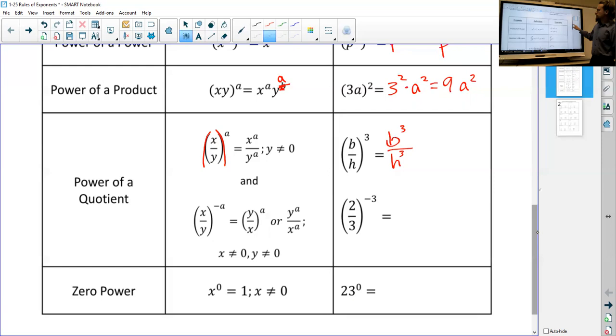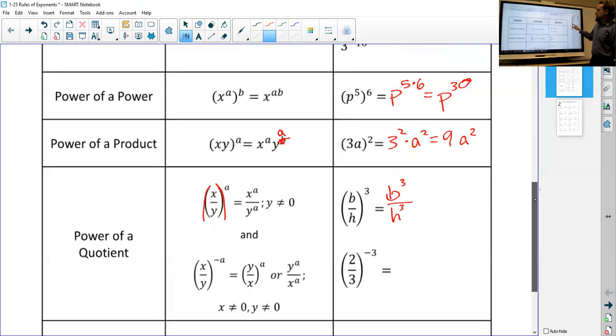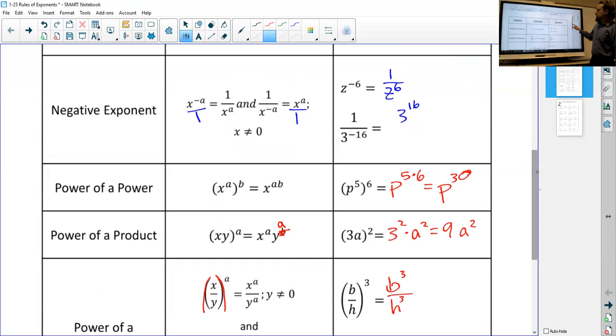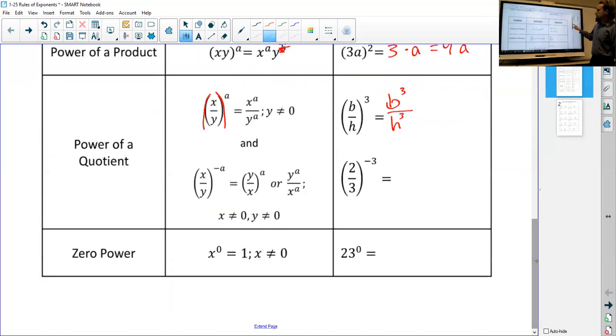This one down here is not as useful because it's just a rewriting of our negative exponent rule. But it basically says if you have an entire fraction raised to a negative power, you can just flip the whole fraction and then change that to the positive version of the exponent.